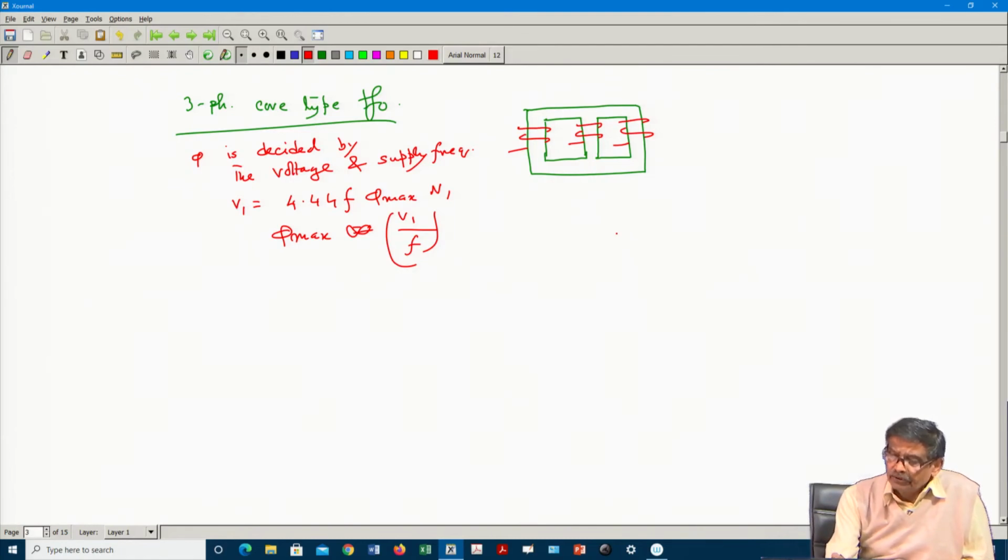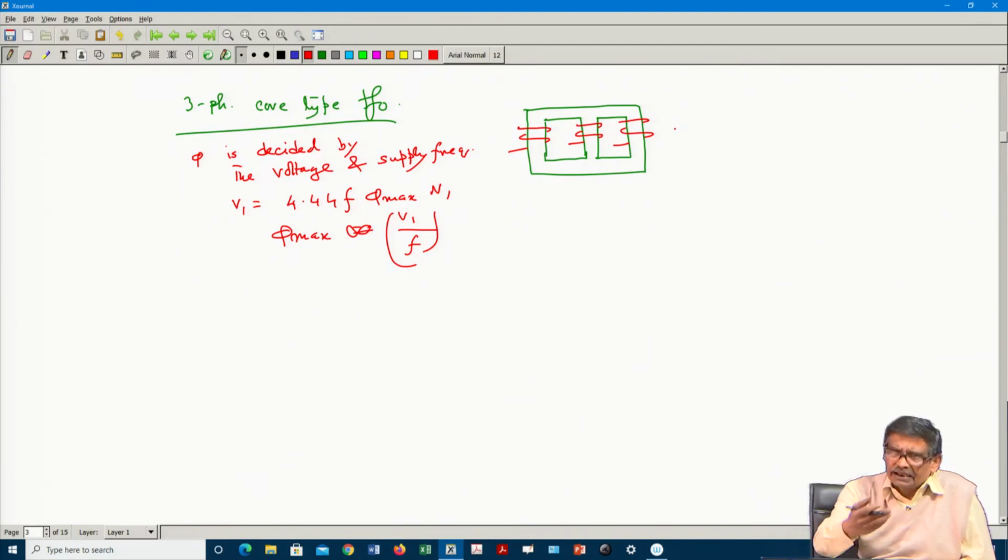Therefore, the maximum value of the flux in each limb will be 120 degrees phase apart for A, B, C phase, no doubt. And it is this flux which will decide the magnetizing current of a transformer.